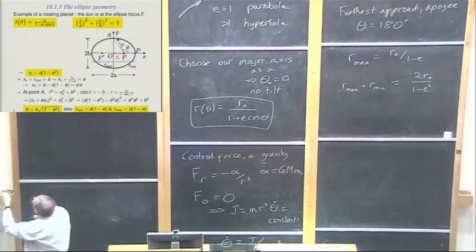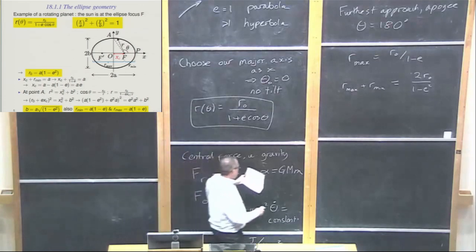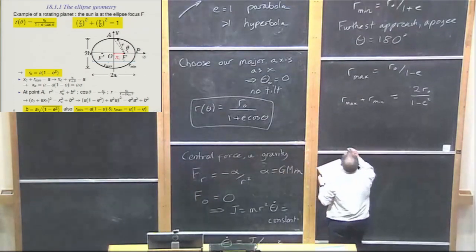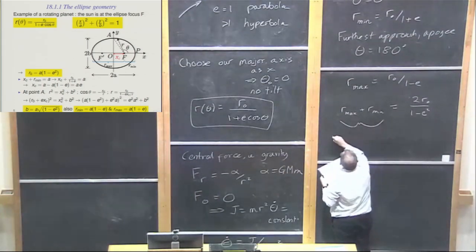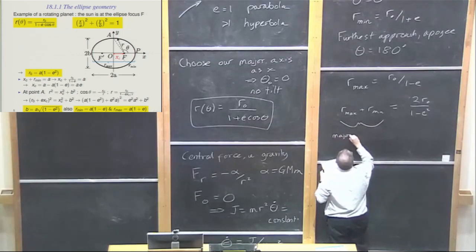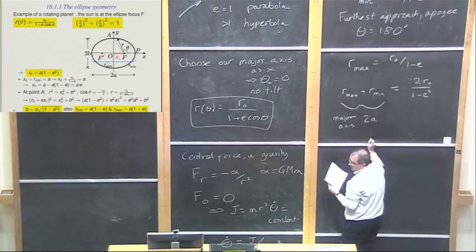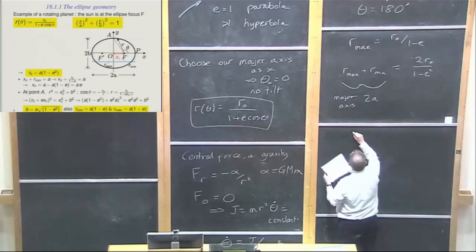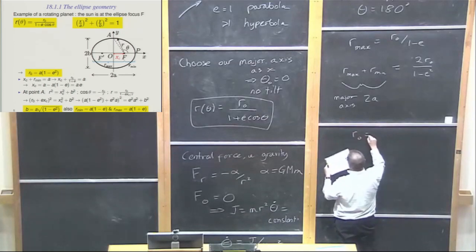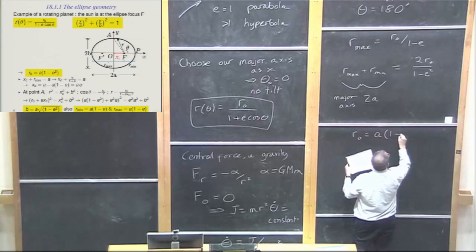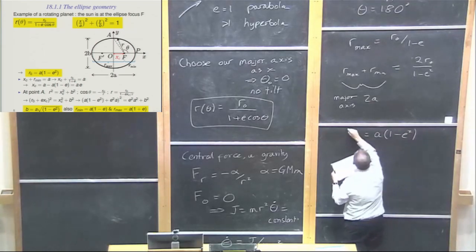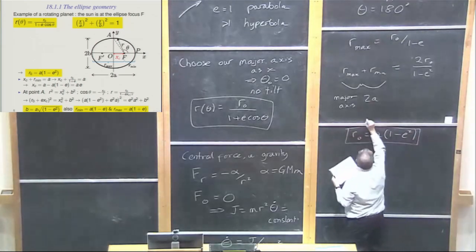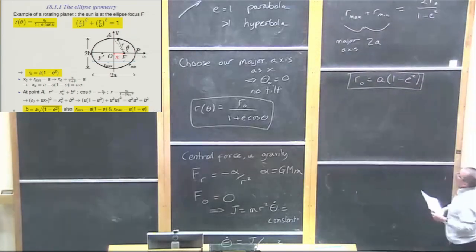That is nothing more than the major axis, which is 2a. And so we get the first of our results, which is that r0 is equal to a times 1 minus e squared. So that's a relationship between r0, a, and the eccentricity.